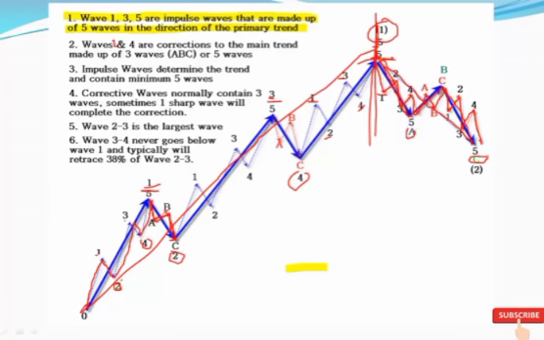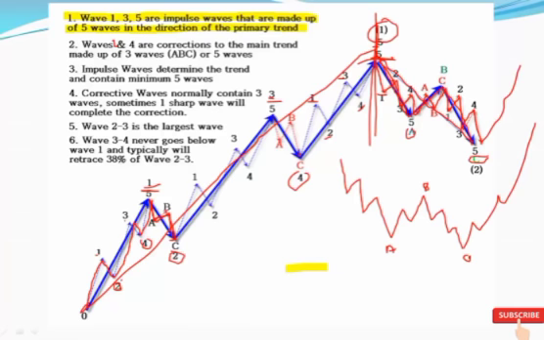But since it's a bigger, longer process, you may have that series of 1, 2, 3, 4, 5, A, B, C up, and then 1, 2, 3, 4, 5 to get that ABC corrective wave process before the market can start turning up again. So that's essentially what that is saying.